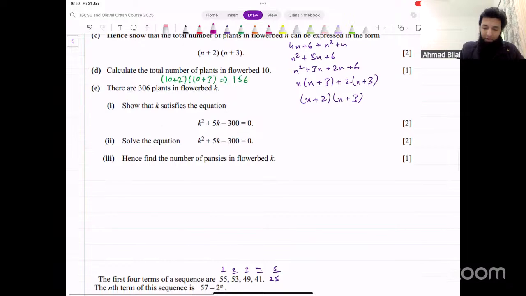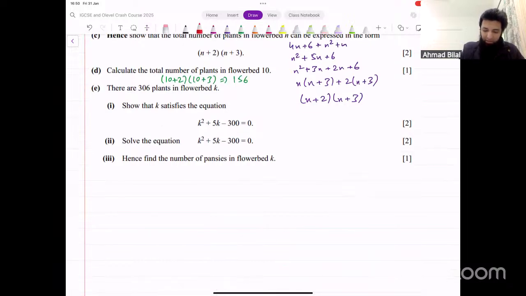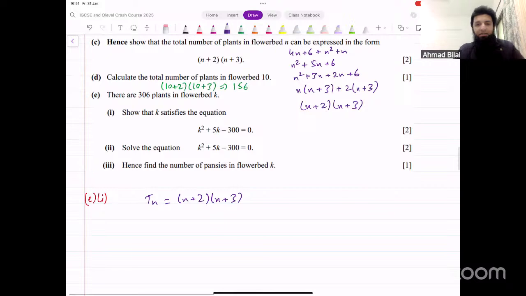What we know until now is that the total number of plants is given by this formula. Tn is equal to n plus 2 into n plus 3. This is the total number of plants in flower bed n, right? Now they are saying in the flower bed K, the number of plants is actually 306.